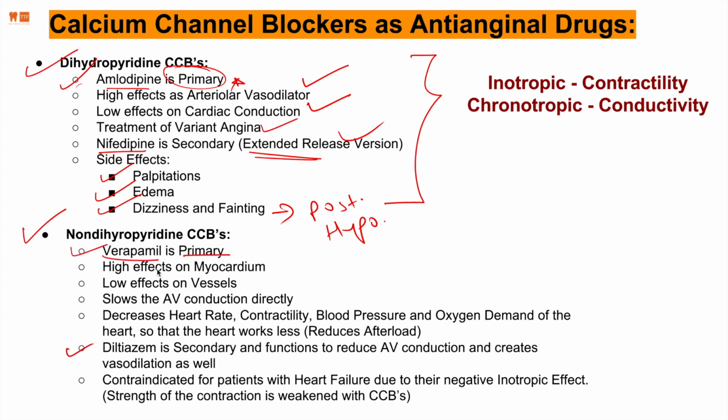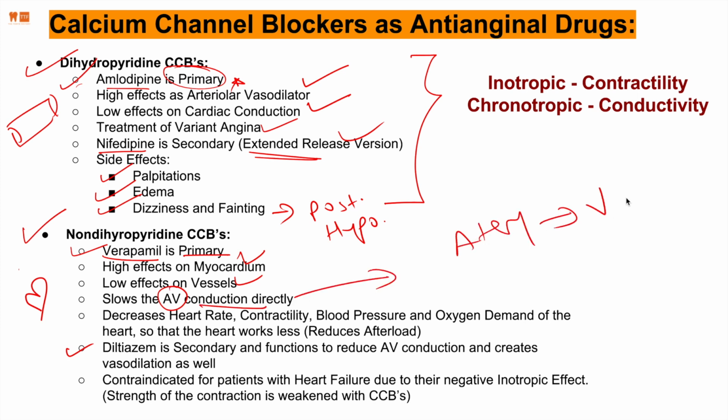Verapamil is primary. It is high on cardiac muscles and low on the vessels. So this is vessels, this is the heart. It slows the AV conduction. What is AV conduction? Now, remember this, guys.